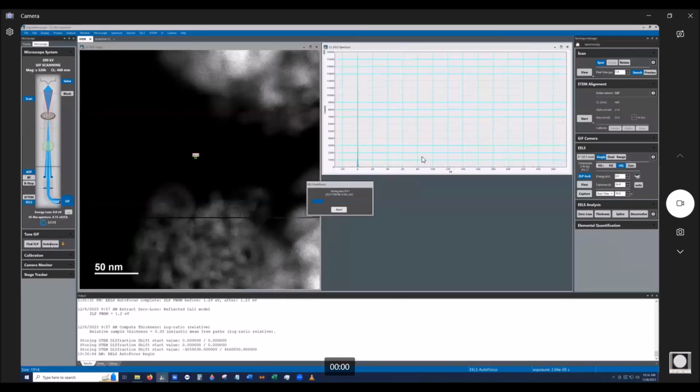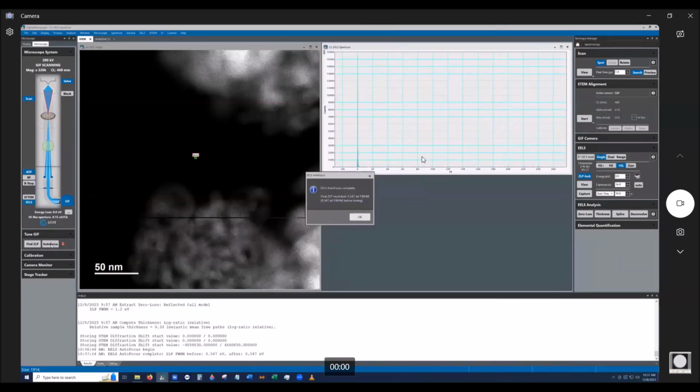So when I measured the ZLP width before, okay, this is good, yeah. So the actual energy window is going to be less than this.